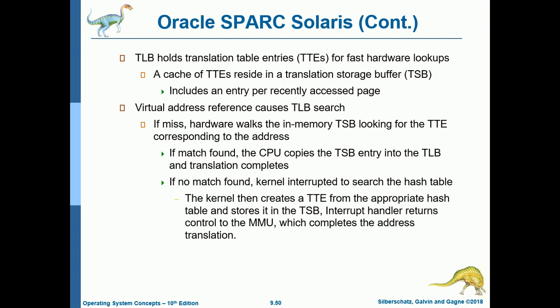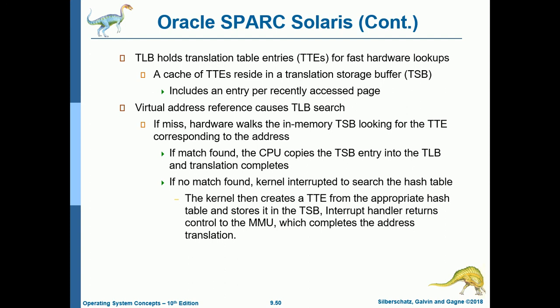Oracle SPARC Solaris has a TLB that holds translation table entries, or TTEs, for fast hardware lookups. A cache of TTEs resides in a translation storage buffer, or TSB, which includes an entry per recently accessed page. A virtual address reference causes a TLB search. If it's a TLB miss, hardware walks the in-memory TSB looking for the TTE corresponding to the address.